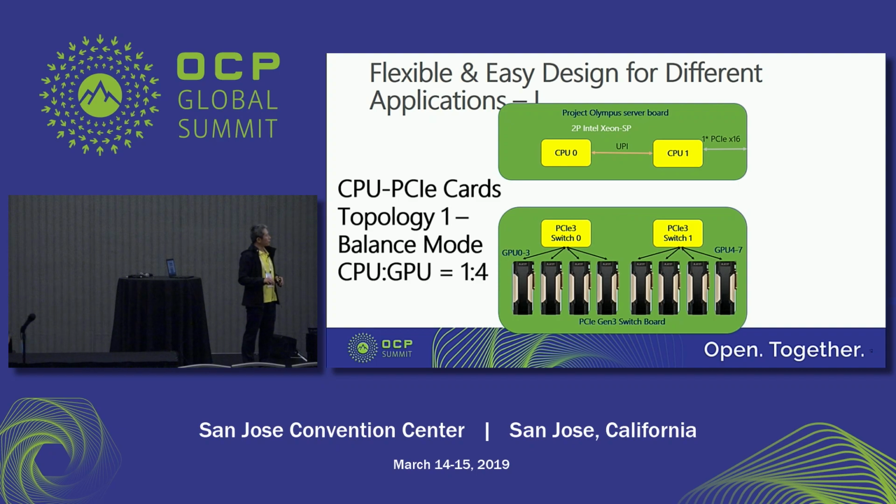For the first topology we provide, we call it balance mode, where the CPU to GPU ratio is 1:4.